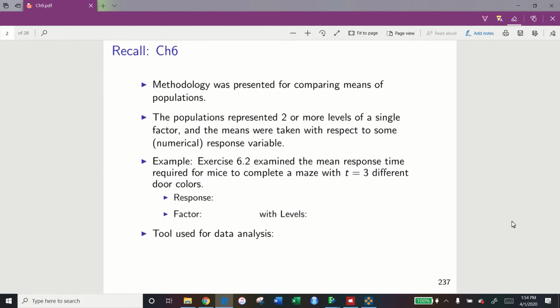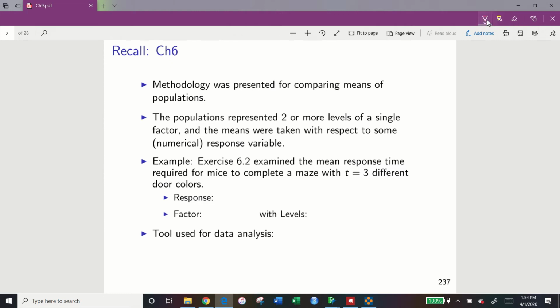For Chapter 6, we learned that methodology was presented for comparing means of populations. The populations represented two or more levels of a single factor, and the means were taken with respect to some numerical response variable. If we think back to the example we primarily used, exercise 6.2, which examined the mean response time required for mice to complete a maze with 3 different colored doors.